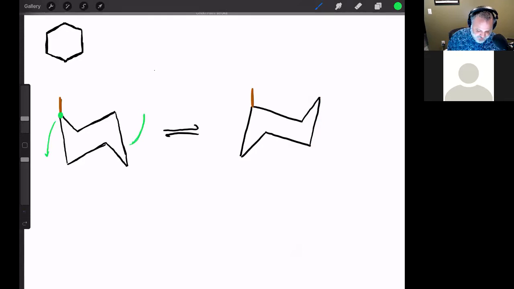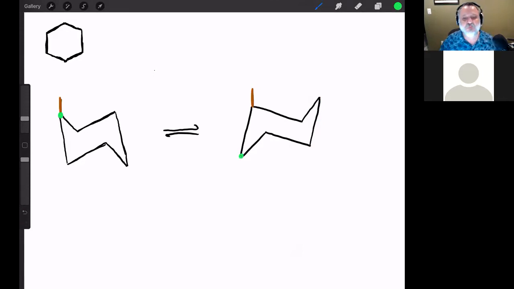If that's the case, then the green atom is right there. I also tend to mark one atom on each structure that is indicative of the same atom, so that I can eliminate a little bit of extra confusion, and it helps me organize my thoughts.